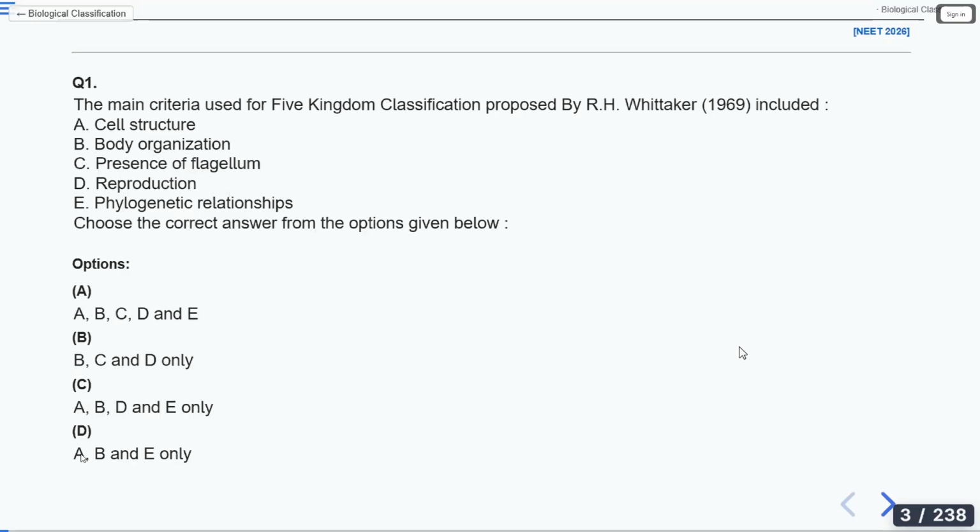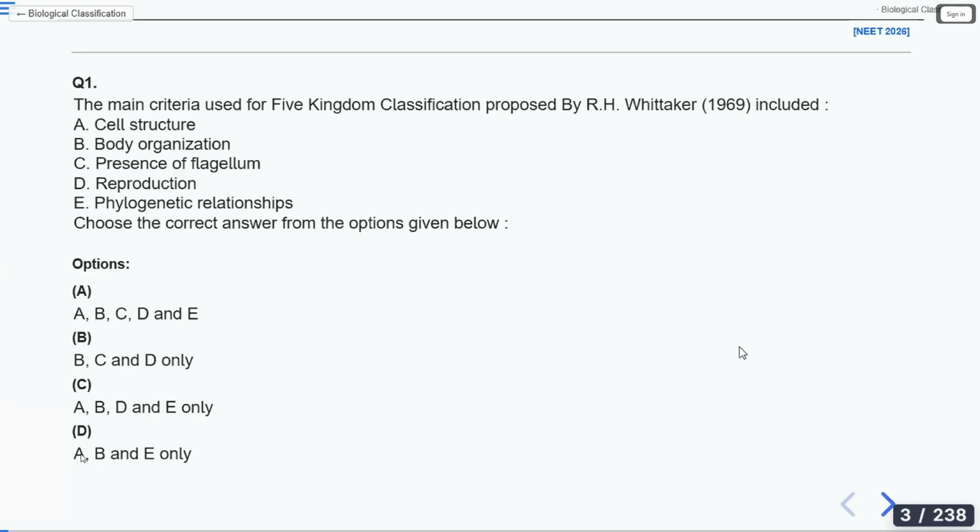Option A: cell structure, body organization, presence of flagellum, reproduction, and phylogenetic relationship. Option B is only body organization, presence of flagellum and reproduction. Option C is cell structure, body organization, reproduction and phylogenetic relation. D is cell structure, body organization and phylogenetic relationship.